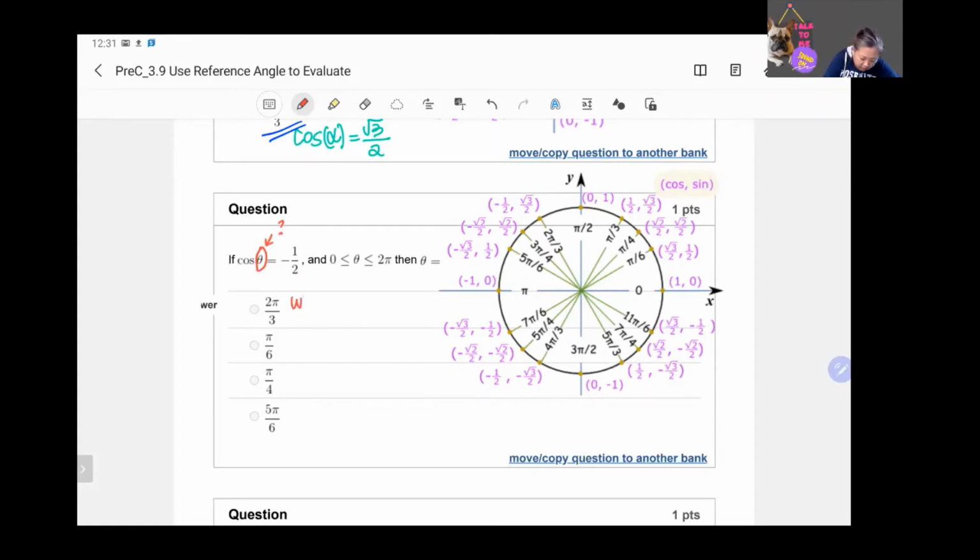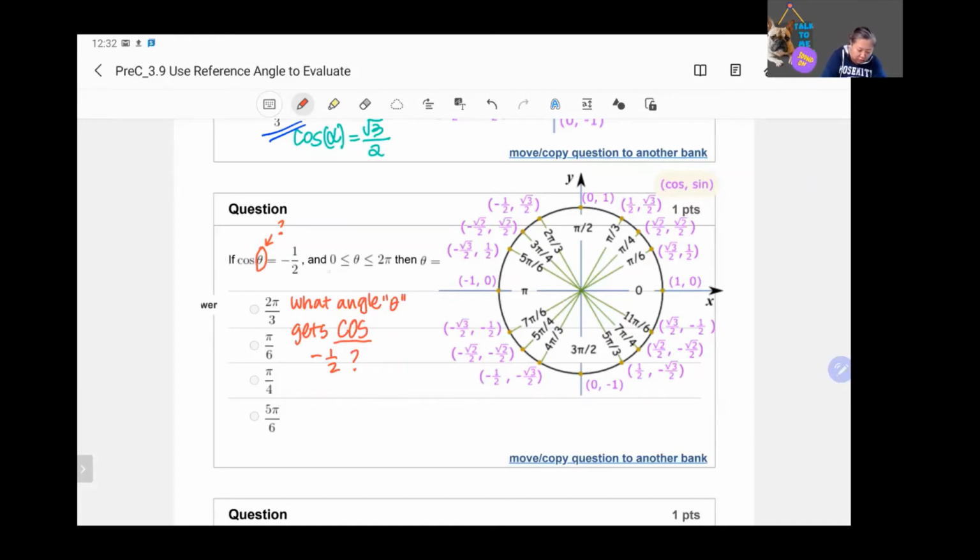Then, what angle theta would get cosine trig ratio -1/2? So this question is simply asking, what angle all over this unit circle would get cosine as the exact coordinate, exact value as -1/2?